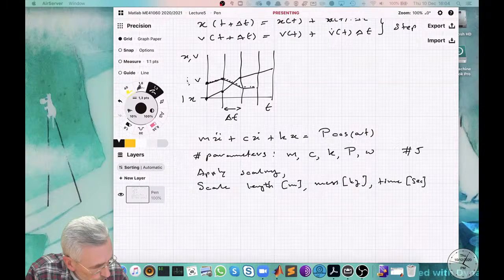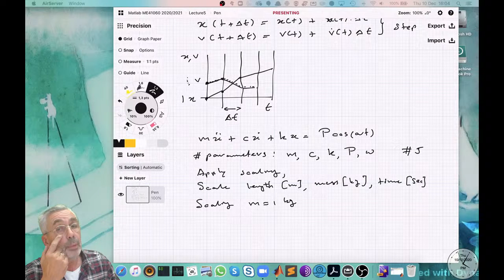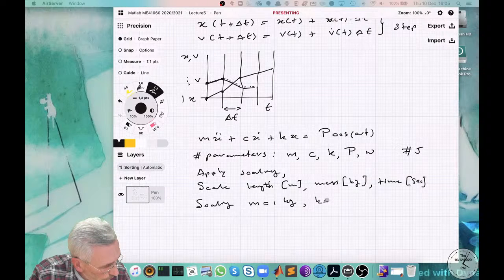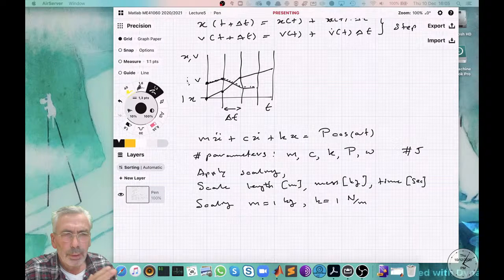And I'm now going to do a very strange scaling. So for scaling, I choose the following. I say the mass m is 1 kilogram. Okay, so now I have a mass scaling. But the next step is maybe a bit more tricky. For the stiffness k, I also scale 1 Newton per meter. Now that is strange, because a Newton per meter has a lot of physical constants.